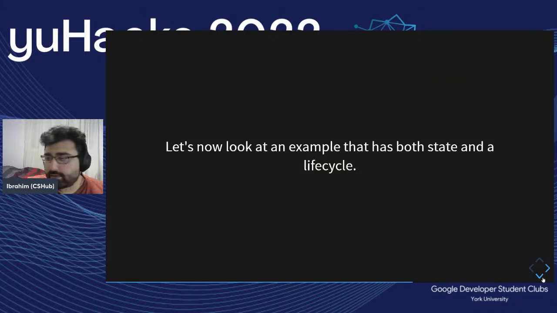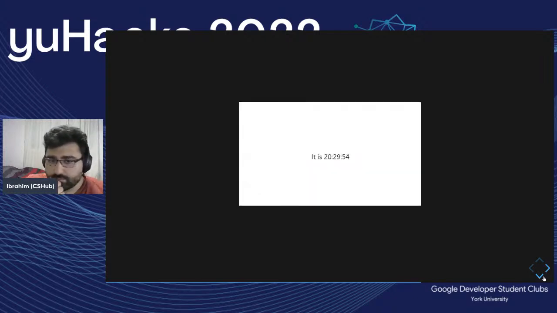So let's now look at an example that has both a state and a life cycle with it. A simple timer. We just update the actual time every second. That's basically it. So let's see how it's done.